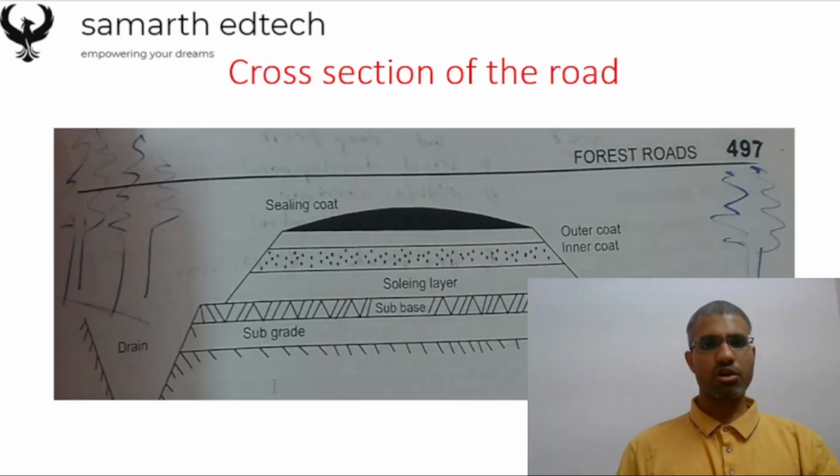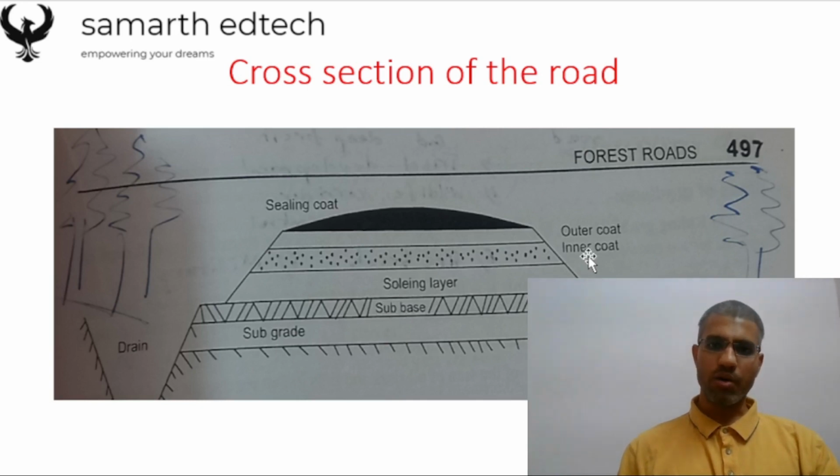The next is your cross section of the road. See, this particular diagram is very much important. This has even been asked in the 2022 forestry paper. So try to remember this particular diagram, how a road is made and what are the various types of cross section in a given road. So there is this subgrade, then subbase is there, then soiling layer is there.